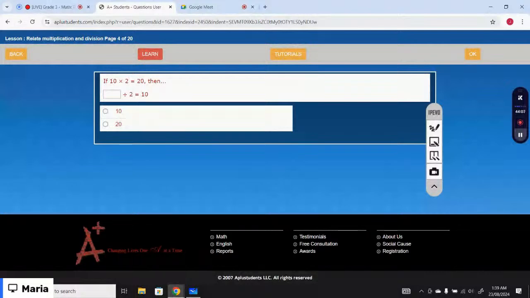The correct option is 20 divided by 2 is 10. Option number 2 is the correct option. 20 it is.